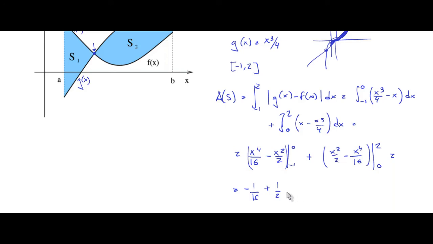Then we have 4 over 2, which is 2, minus 2 to the 4 over 16, which is 16 over 16, 1, and at 0 it is 0. So this is 2 minus 1, 1, plus 1/2, which is 3/2, equal to 24 over 16. Minus 1 over 16 gives 23 over 16.